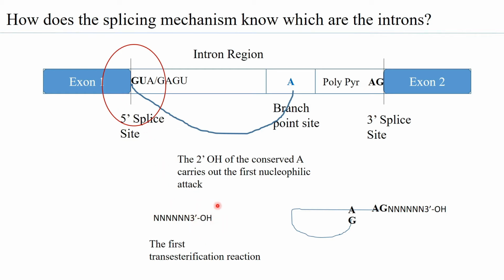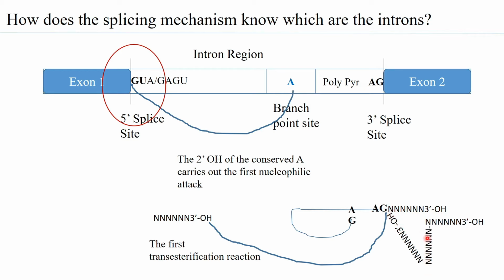This free 3' OH will act as the next nucleophile and attack the 3' splice site G. So the phosphodiester bond between the N of exon 2 and G of the 3' splice site will be cleaved by the 3' OH. So you can see this 3' OH of exon 1 is cutting the ester bond over here to form the ester bond between exon 2 and exon 1.